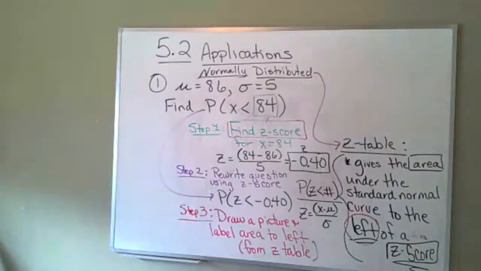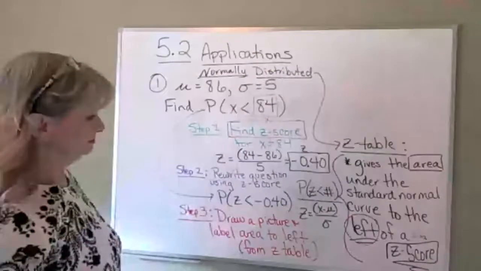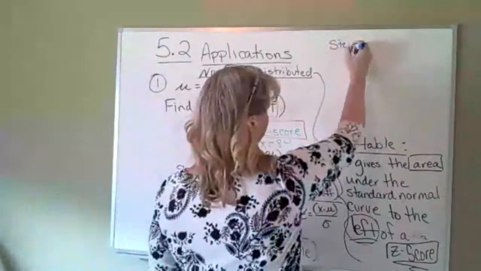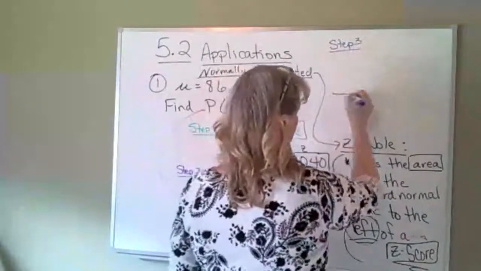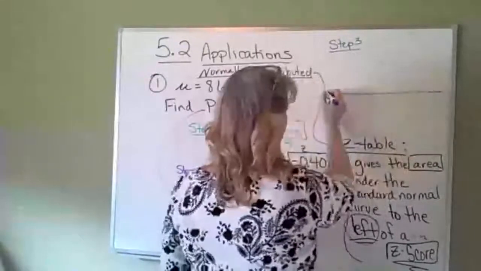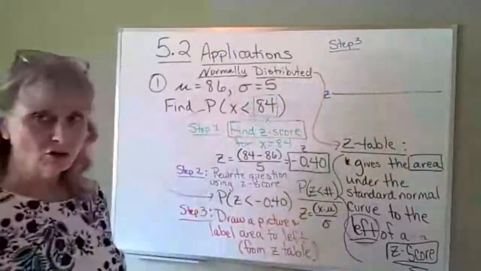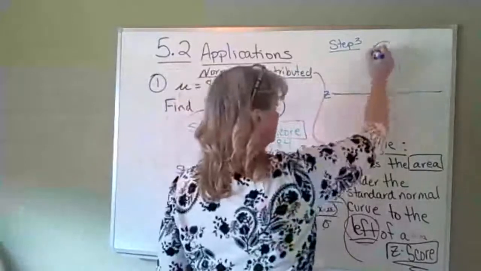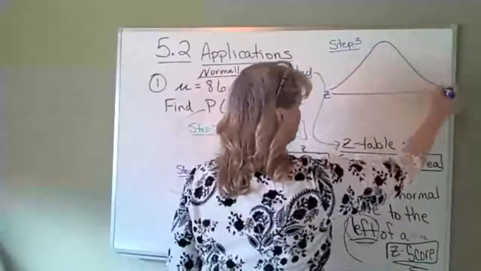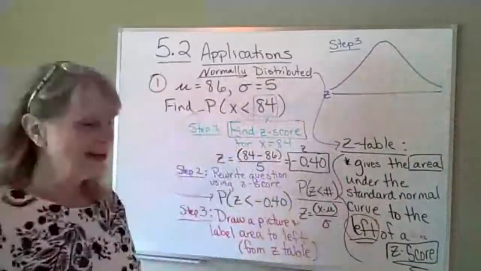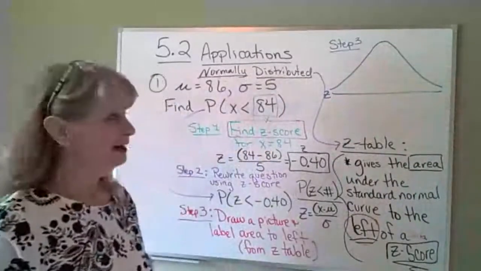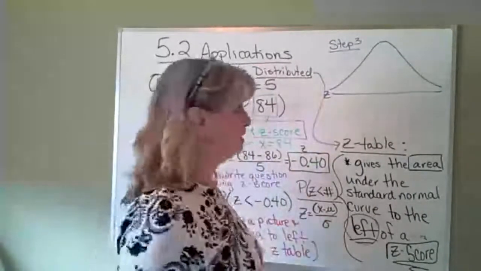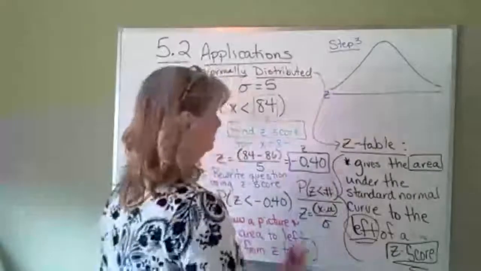So here's what your picture looks like. I'm going to do step 3 up here. I'm going to draw a picture. I'm drawing a picture of the standard normal distribution curve. That means I'm using z-scores. You don't have to draw it perfect. When you draw your pictures on the next test in your show work, just don't make it look like an upside down V. Try to make it curvy, but I won't care how good it is.